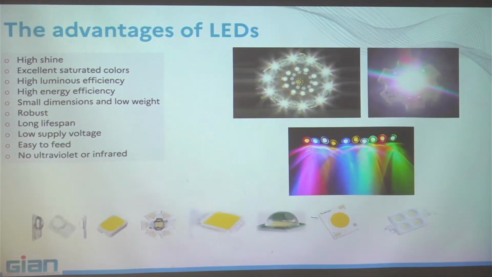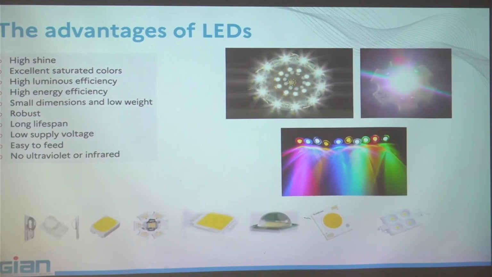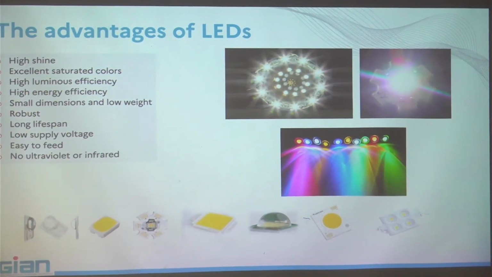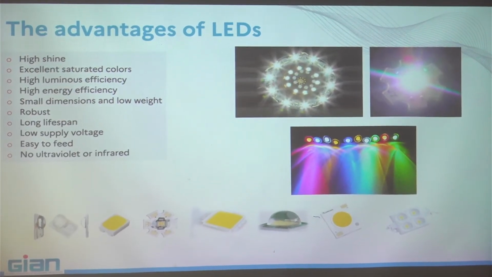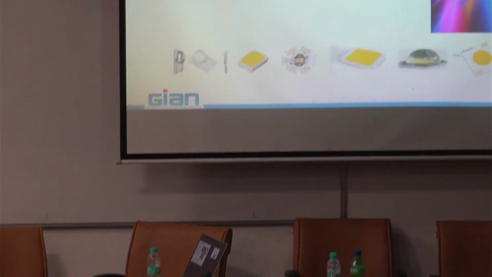For blue LEDs or red LEDs, we are around 90%. And in theory, you know how much is the theoretical highest efficiency? Radiative efficiency. Say a figure. 100%? Why not? No. It's 105%.